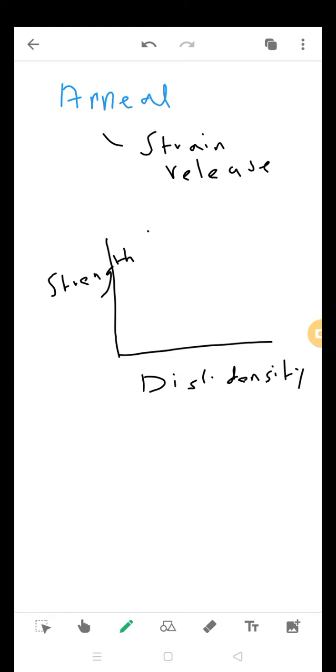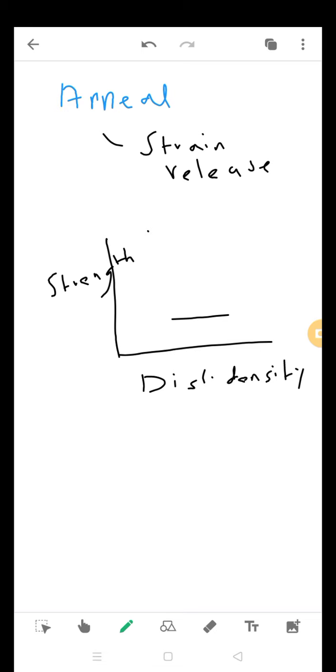This is the place where annealing has taken place, and so whatever might have been the dislocation, due to the release of strain, the strength has been compromised.